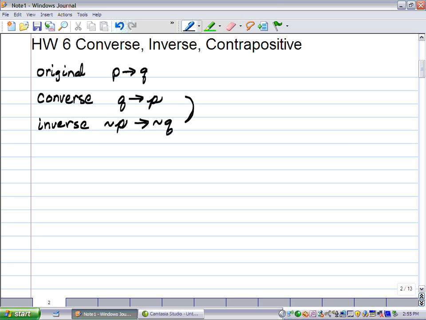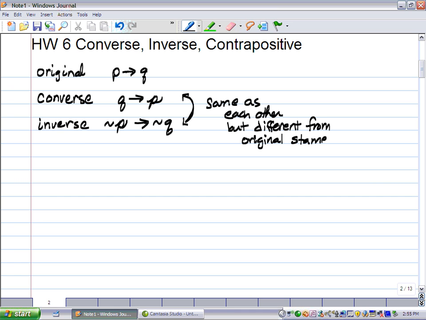However, the converse and the inverse are the same as each other, but different from the original statement.